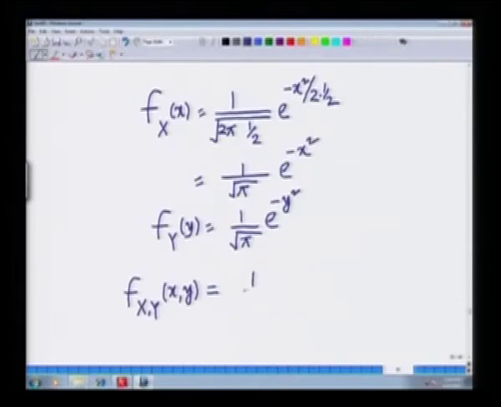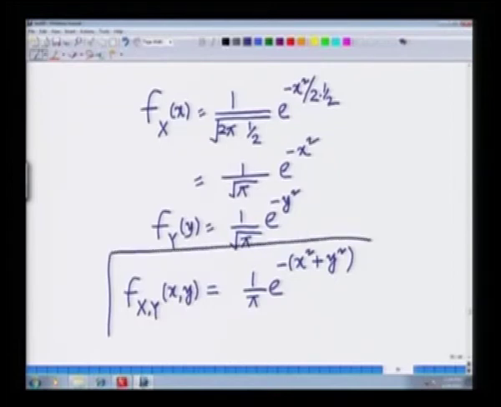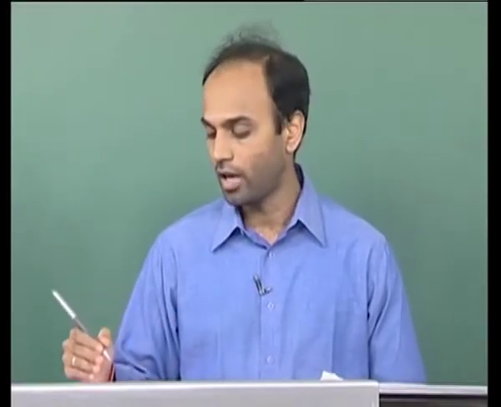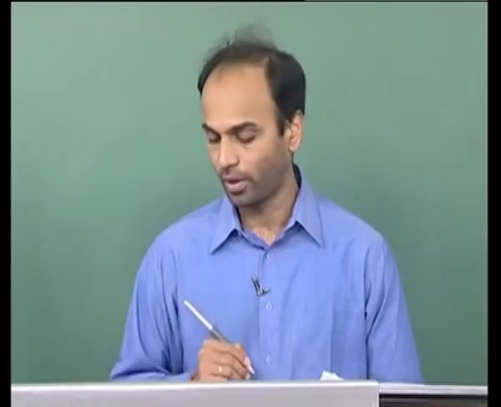This is simply 1 over pi e power minus (x square plus y square). So, we have successfully derived the joint distribution of the components of the flat fading coefficient h, which are x and y.